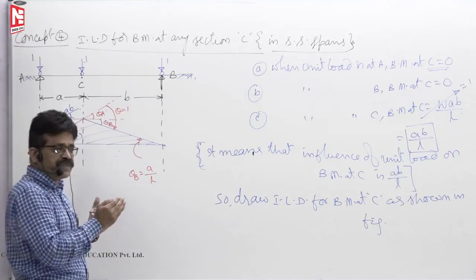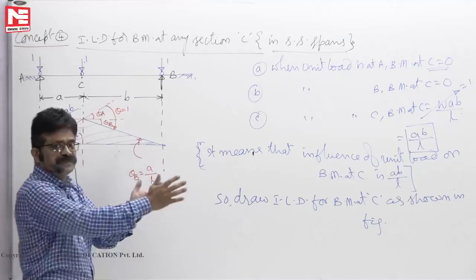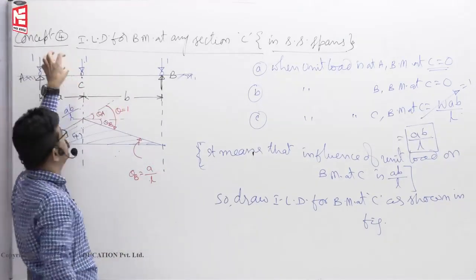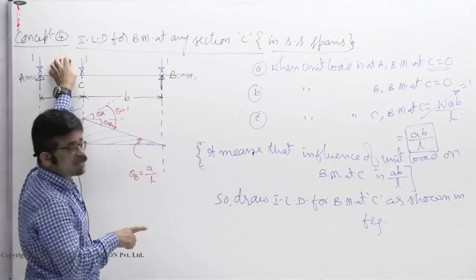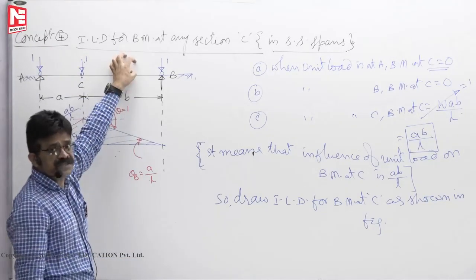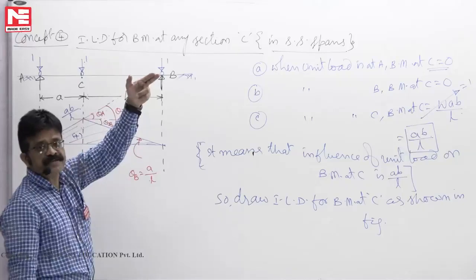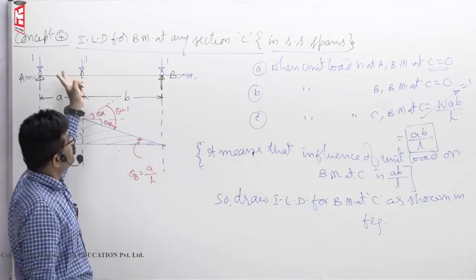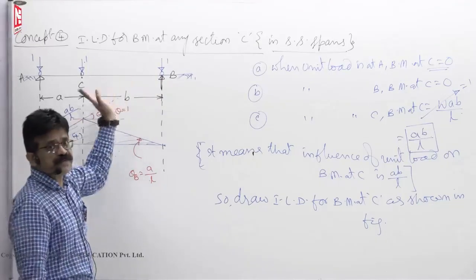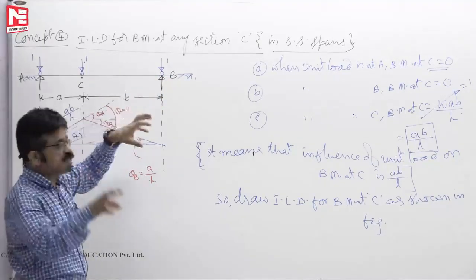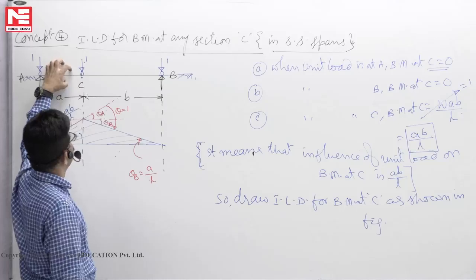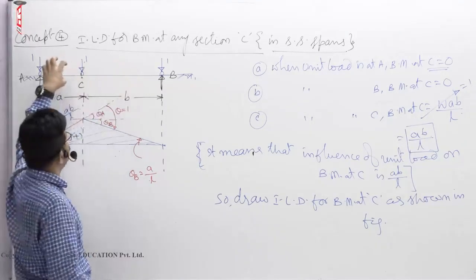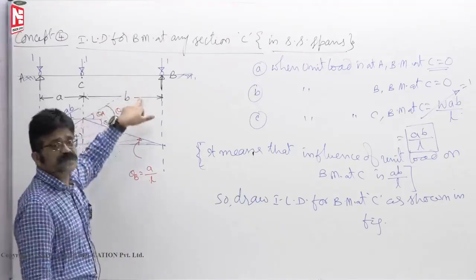So what we do is one by one loads we will move them. First keep all the loads here, zero load here. So average load on AC is maximum, average load on CB is 0. So let one load pass. So here average load slightly increases, slightly decreases. Next load, one by one when you are passing. At one stage average load on AC will be equal to average load on CB, one possibility, or average load on AC may be less than average load on CB.